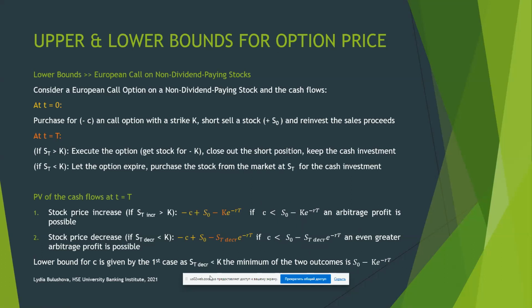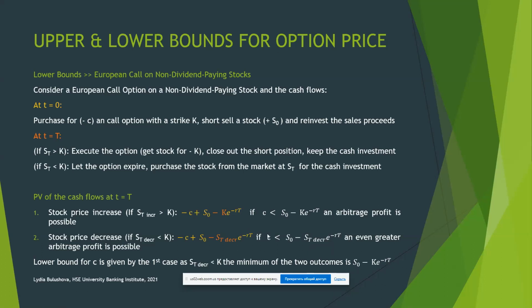And that's why if we're talking about the lower bound, we take the smallest, right? We need the lower bound. It might be S sub 0 minus 1 multiplied by the discount factor or minus 99 multiplied by the discount factor. Anyway, this is a lower value than that one. And that's why this one is considered to be a lower bound.